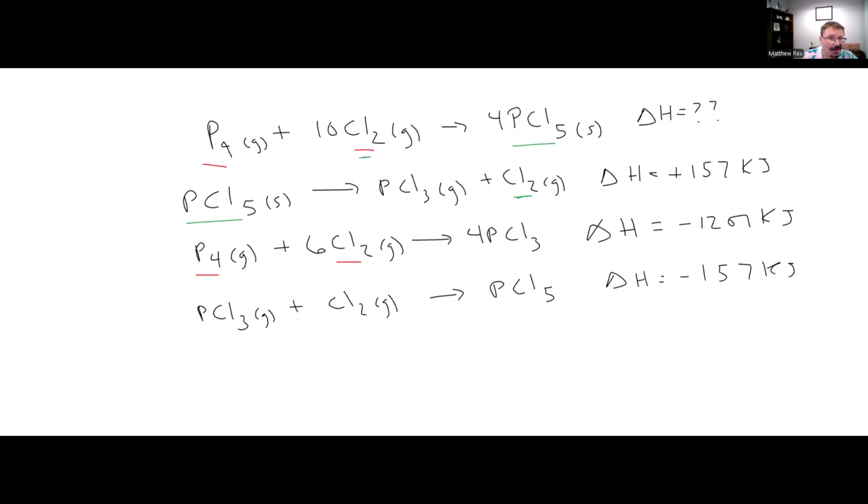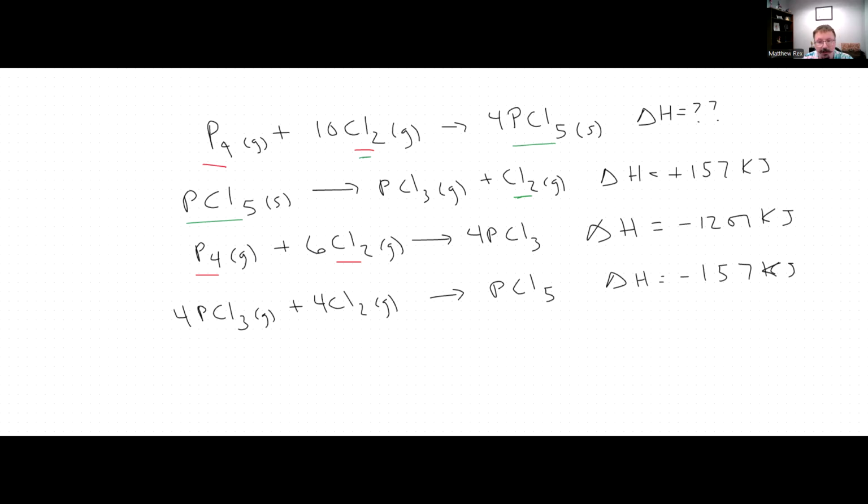Now, things are kind of on the right side, but I notice the only place I see that PCl5, that phosphorus pentachloride, is in that bottom reaction. And in the top reaction, I need 4 of those. So I think I'm going to multiply this whole thing through by 4.